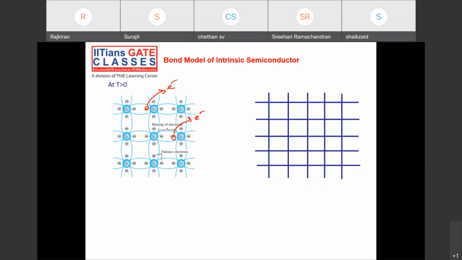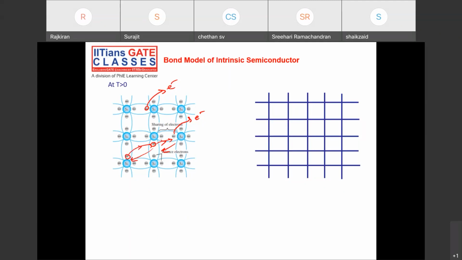When the electron goes from here, you get a hole here, and when it sits here, the vacancy is filled. So the electron moved like this, and the hole moved from here to here. Here also, suppose this electron moves and occupies the space, you get another hole here. So the electron moved like this, and the hole moves like this. Clear?